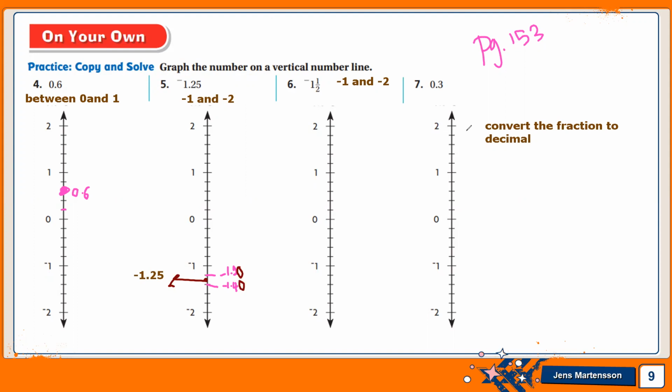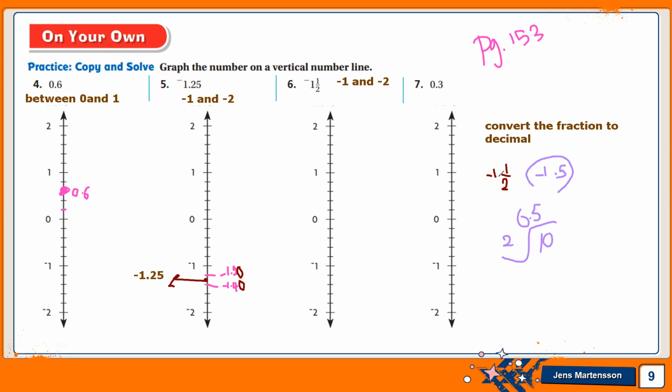Now here you have negative 1 and a half. How do you write half as a decimal? Division. Bravo, 1 over 2. 10 divided by 2 is 5.